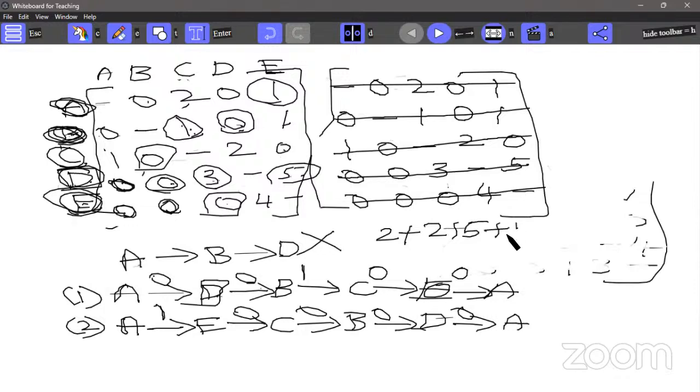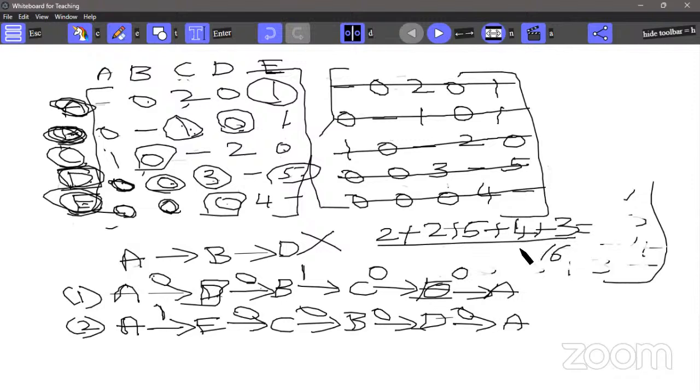From C to E? 4. From E back to A? 3. Over. This is the total cost which is incurred. 16.